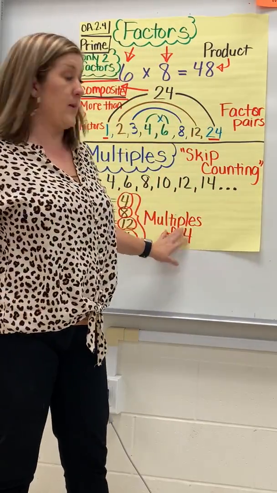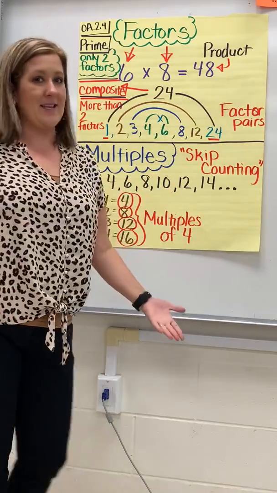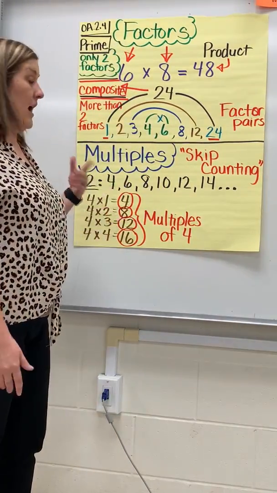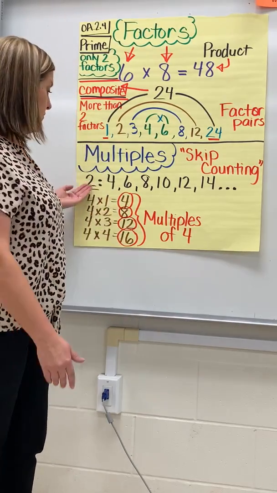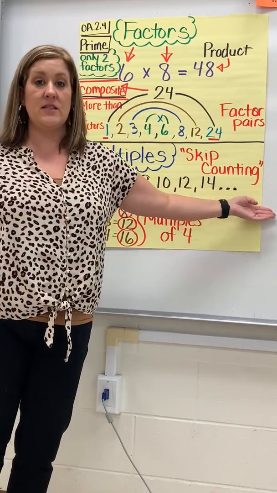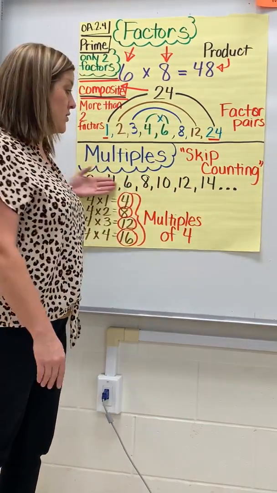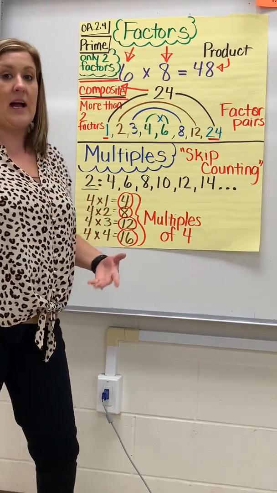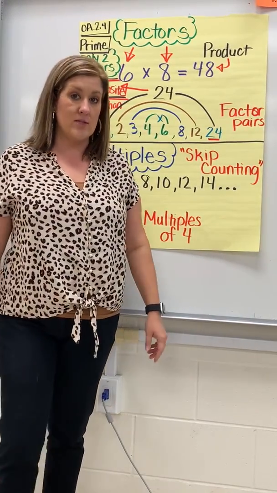The other piece this week are multiples. Basically, skip counting. If I'm trying to find the multiples of 2, I would skip count by 2. 2, 4, 6, 8, 10, 12, 14, and so on. These are the multiples of 2. Another way to do it is to actually write out your multiplication facts to find the multiples.